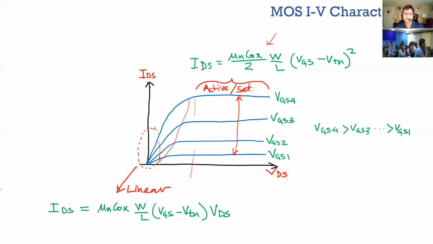And in this region where VDS is very small, as I said before, it's given by this linear equation here. And this middle portion is where you have both the terms here, but most circuits we will never operate in this region. So I would say don't worry about knowing the equation in that region.